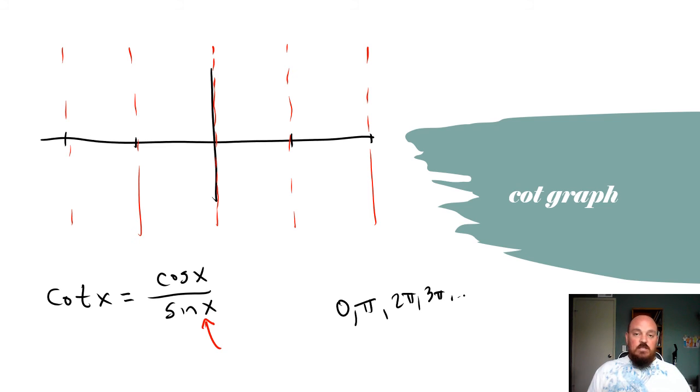Now, if you focus on any two asymptotes, right in between the two, you get a point right here. Now for cotangent, you get the exact same shape as tangent, but in the opposite direction. It's up to the left and down to the right. It's a reflection, basically. And then you just recopy it in each interval.